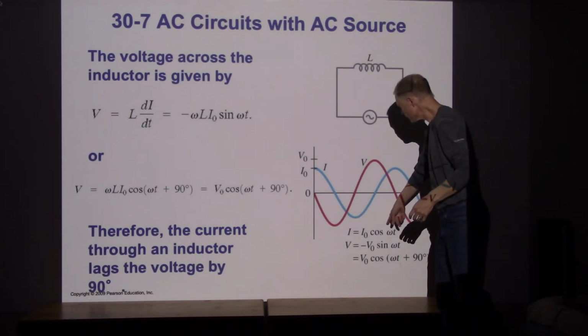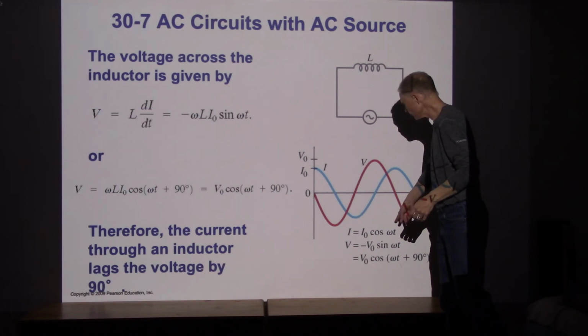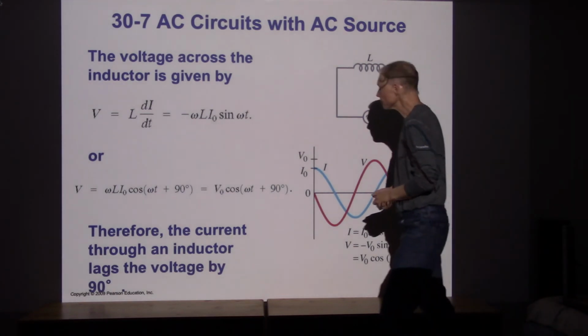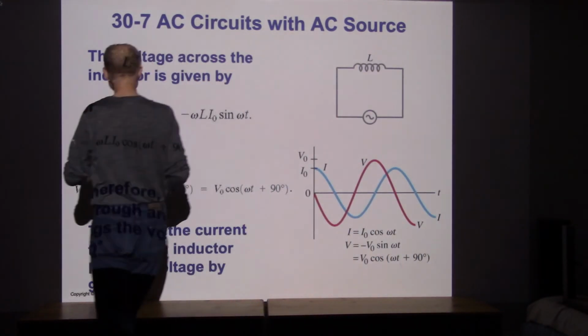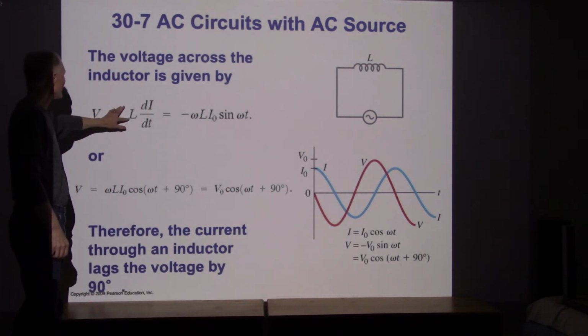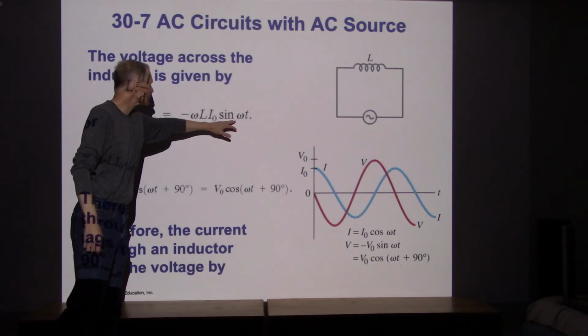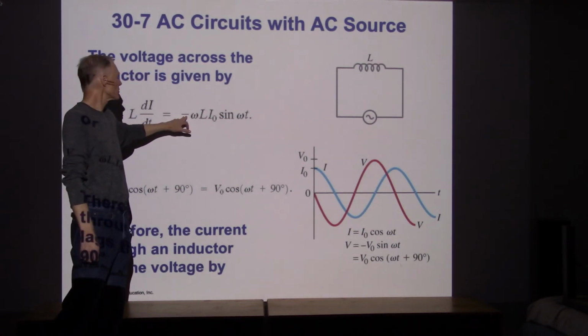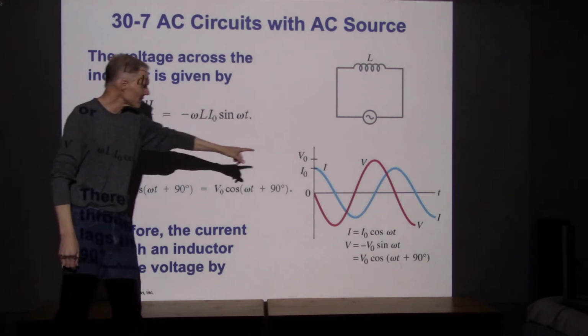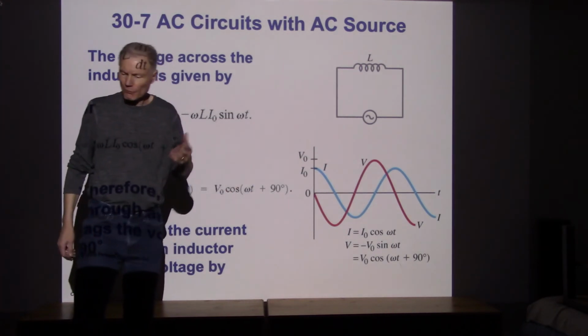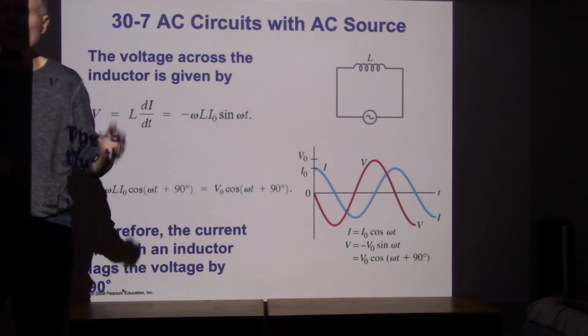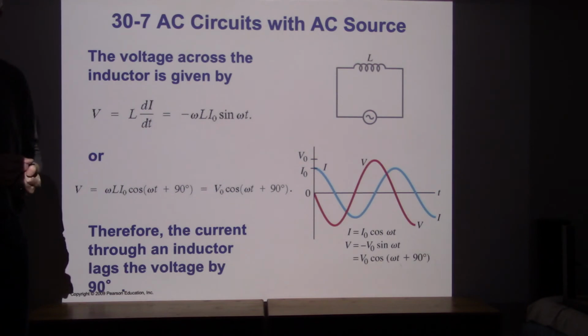If the current is varying like a cosine, then the voltage, which depends on L di dt, is going to be varying like a negative sine function. When I take the derivative of the current with respect to t, it brings out a factor of omega.